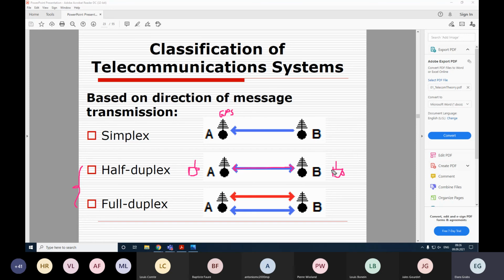Now he has listened to what you said, you release the button, he presses the button, and then he talks. So you take turns sending information. You cannot send information simultaneously in both directions. For full duplex systems, this can actually happen. You can send and receive information at the same time. Basically this is how our computers and mobile phones work: you can download and upload information at the same time.